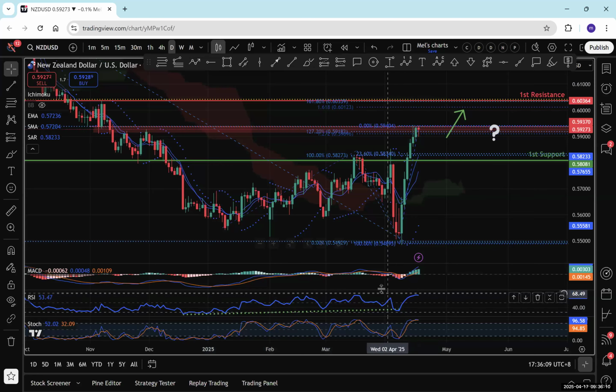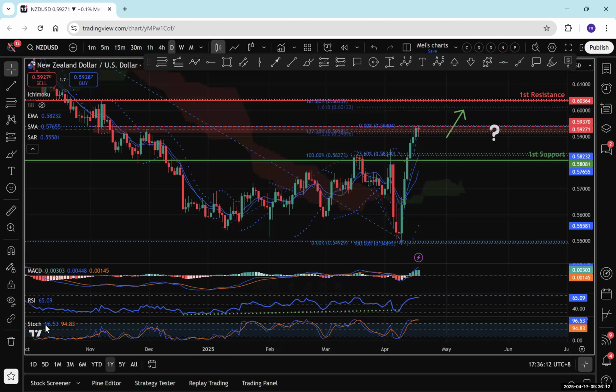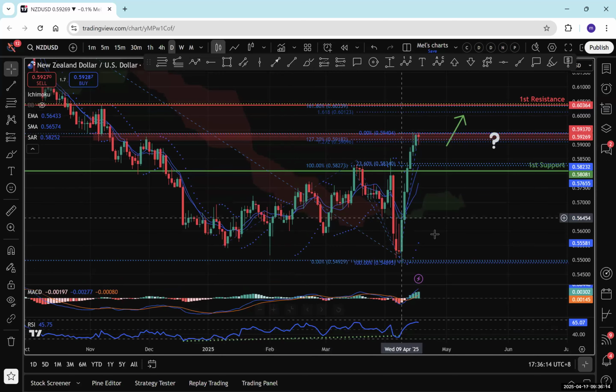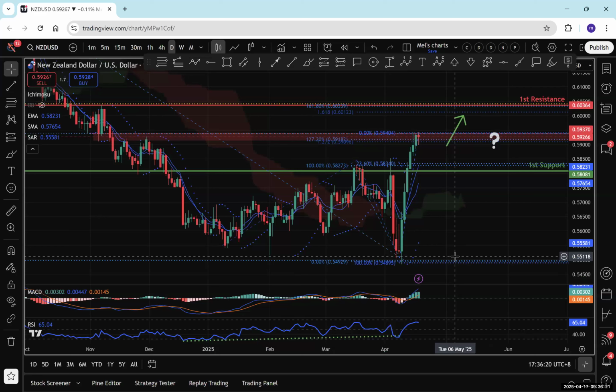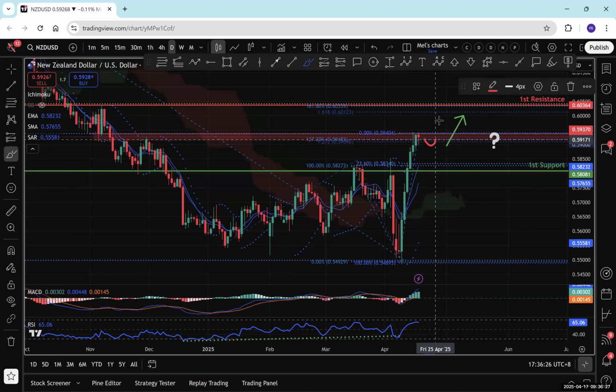Okay. So that's also a bullish signal. And it's not really moving into the oversold regions yet on our RSI. But on stochastic, we did see a bit of that. So just be careful around this area. We might see a bit of a reversal before continuing upwards.